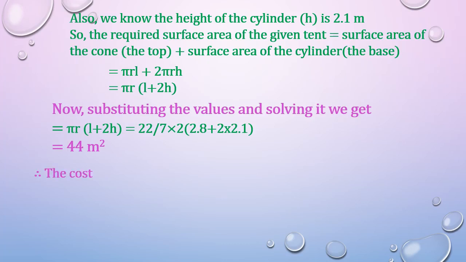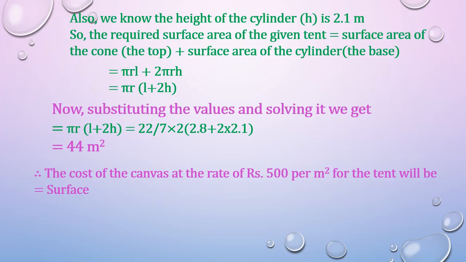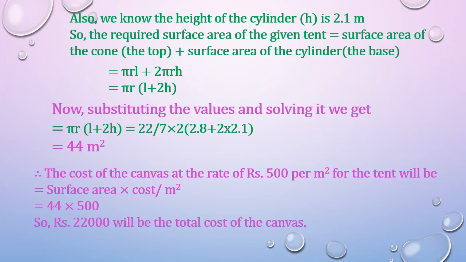Therefore, the cost of the canvas at the rate of rupees 500 per meter square for the tent will be surface area into cost per meter square, which is equal to 44 into 500. So, rupees 22,000 will be the total cost of the canvas.